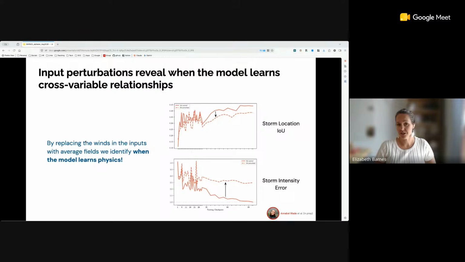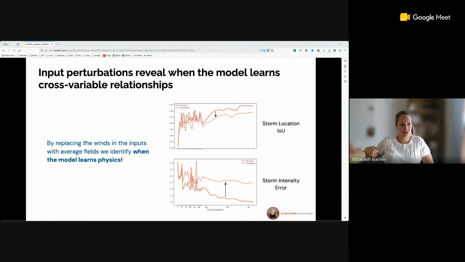In one way, we're using this approach to see how input perturbations can reveal when the model learns cross-variable relationships. Earlier I mentioned that models have problems with the joint statistics of different variables within the Earth system. By analyzing different checkpoints, the x-axis here, we can watch when perturbing one variable starts to impact another.